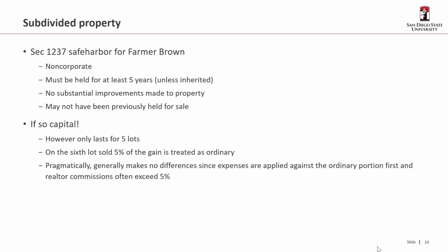However, the safe harbor only applies for the first 5 lots sold. On the 6th lot sold, 5% of the gain has to be treated as ordinary, not as capital. However, pragmatically, it generally makes no difference, since you're allowed to deduct the selling costs against the ordinary portion first. And since realtor commissions often exceed 5%, for the most part, the ordinary gain gets wiped out anyway.